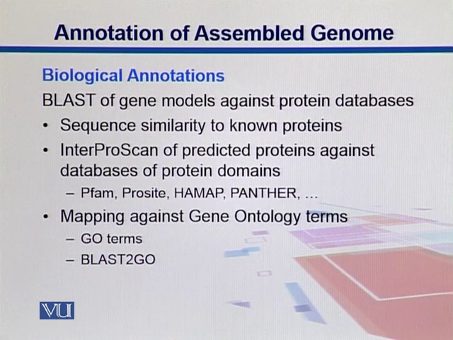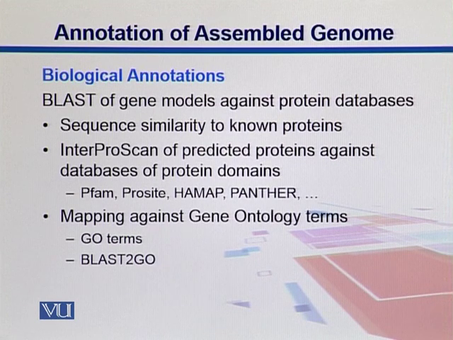In this way we can identify their proteins. An example is InterProScan, where we take the proteins and compare them, and identify different protein patterns present in those genes. In this way we can use databases of protein domains and patterns.